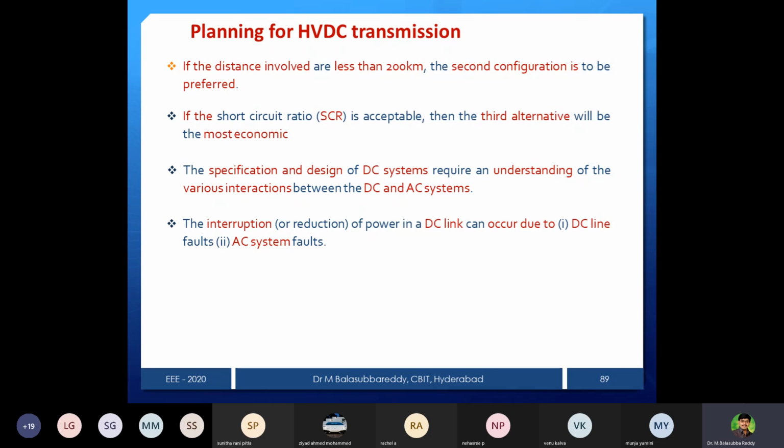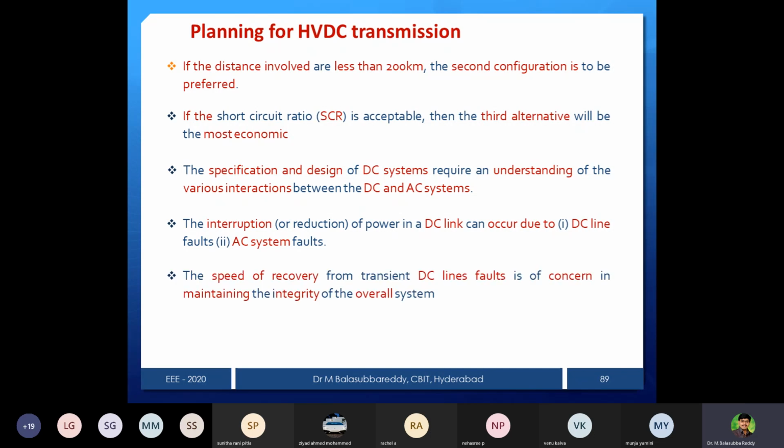Interruption of the power in the DC link can occur due to a DC line fault or AC system faults. So if there is any interruption, that is a reduction of power in the DC link, it can occur due to a DC line fault, or maybe an AC system fault.